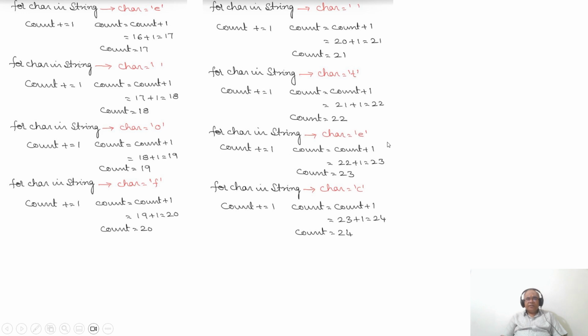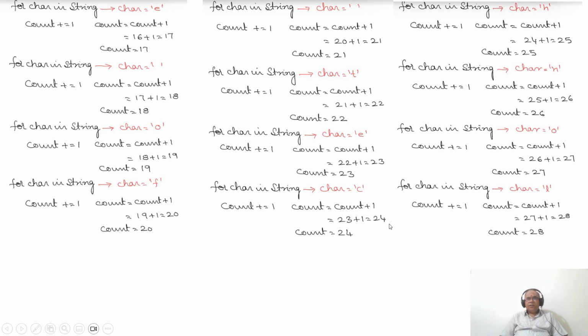Then char in string E, character is E, E is available in string S, count will be equal to 22 plus 1, it becomes 23. Then char in string, that is C, count is equal to count plus 1, that is 23 plus 1 is 24.